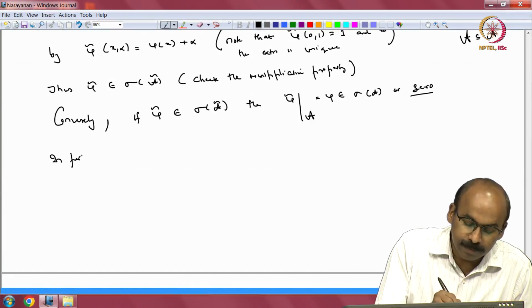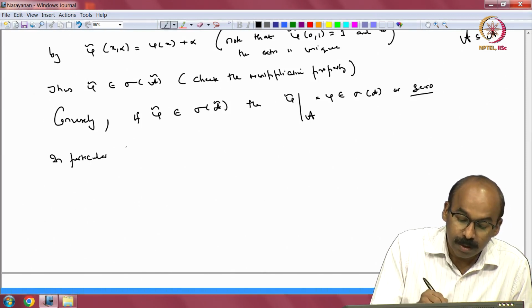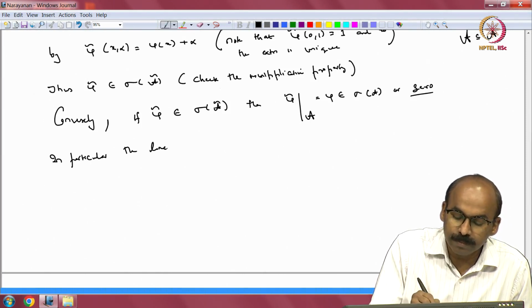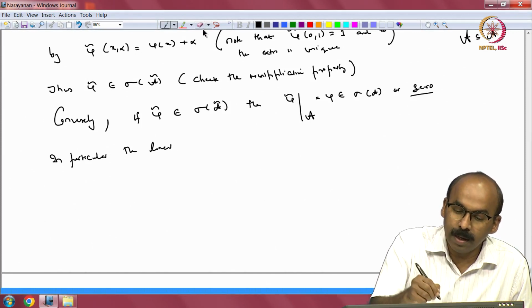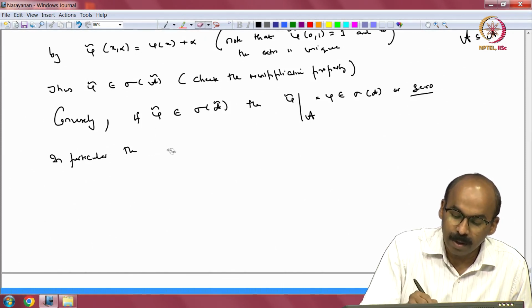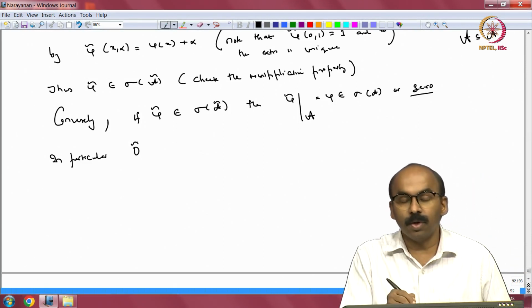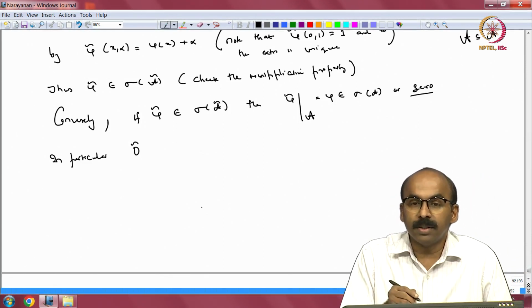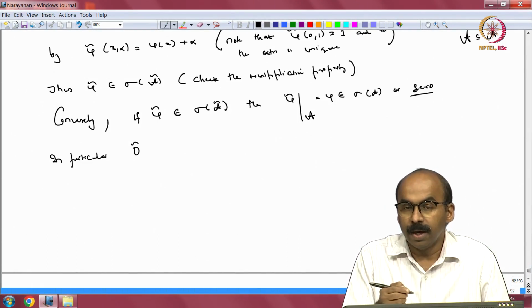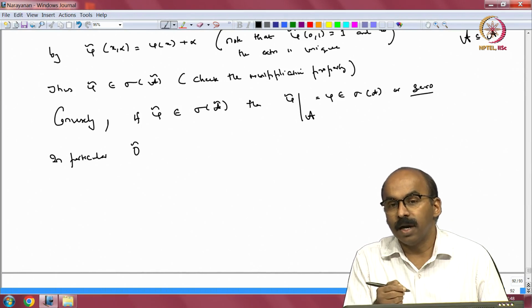In particular, let me consider 0 tilde. So what is 0 tilde? 0 is the 0 map on A, and it extends uniquely to a multiplicative linear functional on A tilde.